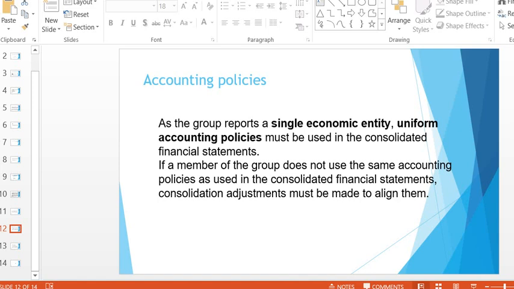Remember this. You will find multiple choice questions where they give some reasons why a parent should not consolidate. There is no reason. The standard is strict on this one. As long as there is that parent-subsidiary relationship, you are required to prepare the consolidated financial statements.